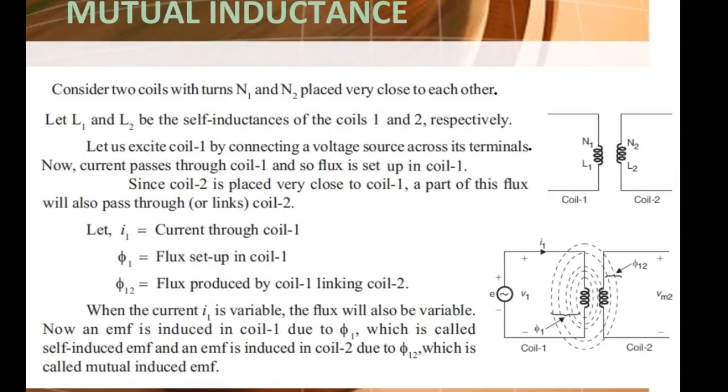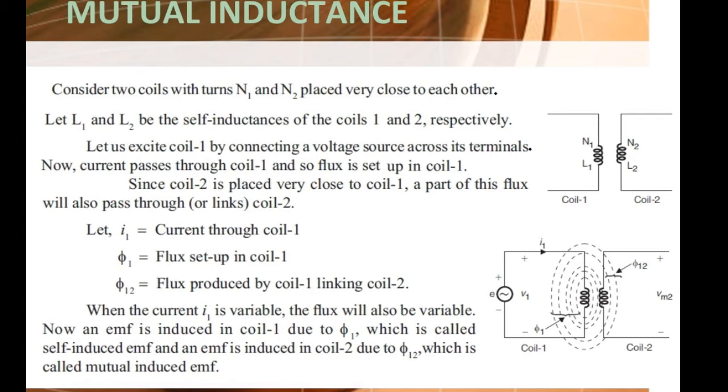Now, we shall see about mutual inductance. Consider two coils with turns N1 and N2 placed very close to each other. Let L1 and L2 be the self-inductances of coil 1 and 2. If we excite coil 1 with an AC source, a flux is produced in coil 1 and this flux will link coil 2, and an induced EMF will be produced in coil 2.